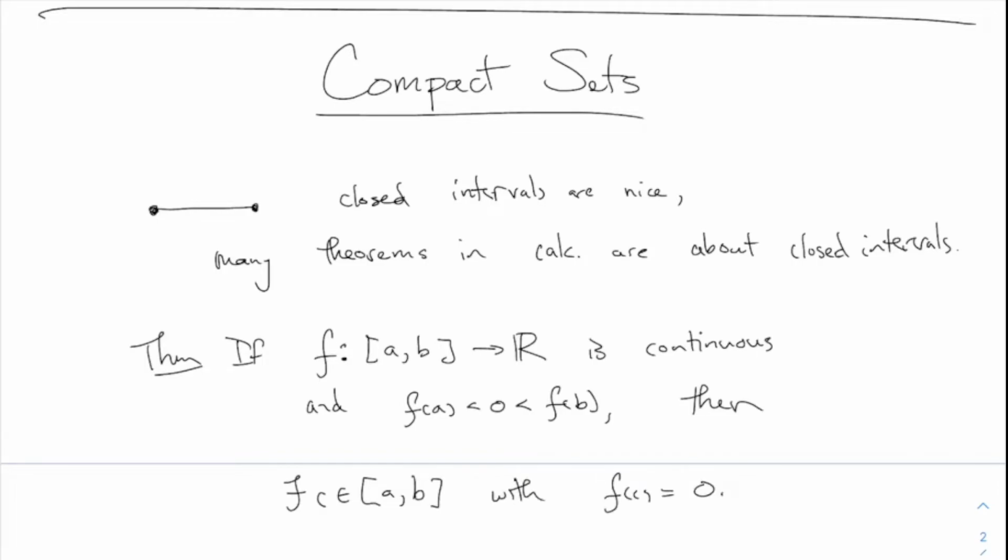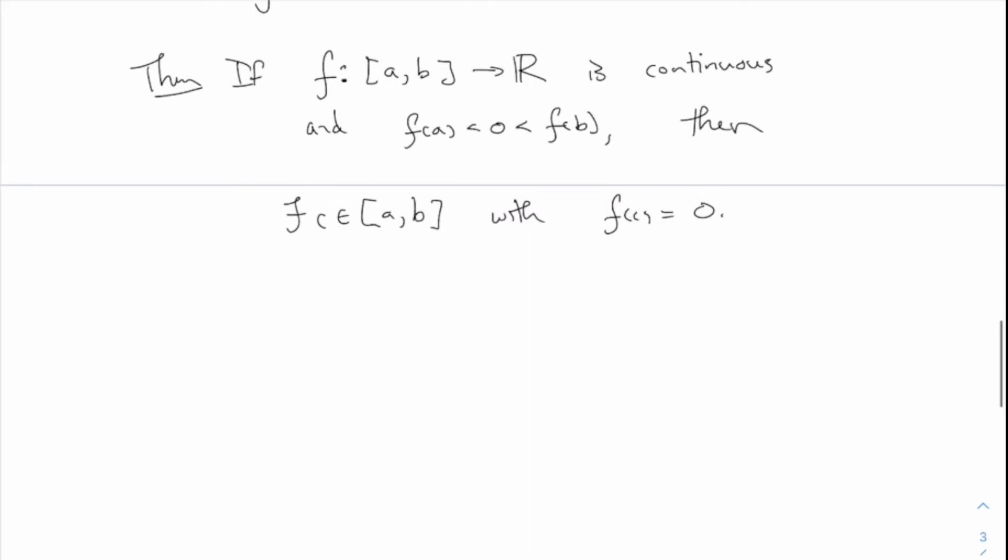Anyone remember this theorem from calculus? It says if you have a function on a closed interval and the left endpoint goes to a negative number and the right endpoint goes to a positive number, then in between... no, the squeeze theorem involves an inequality like that, but it's not this.